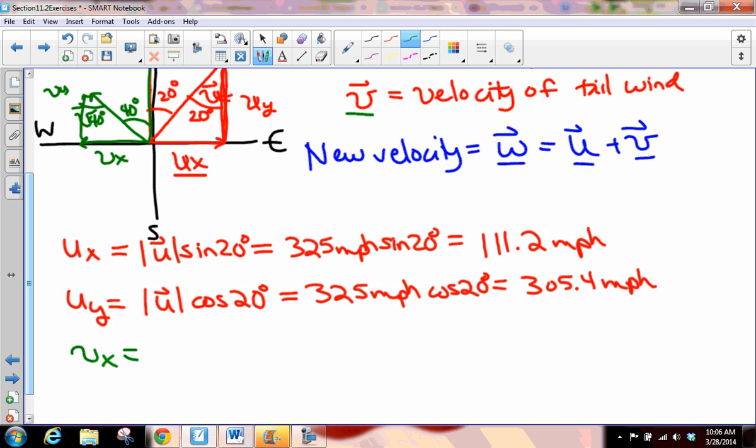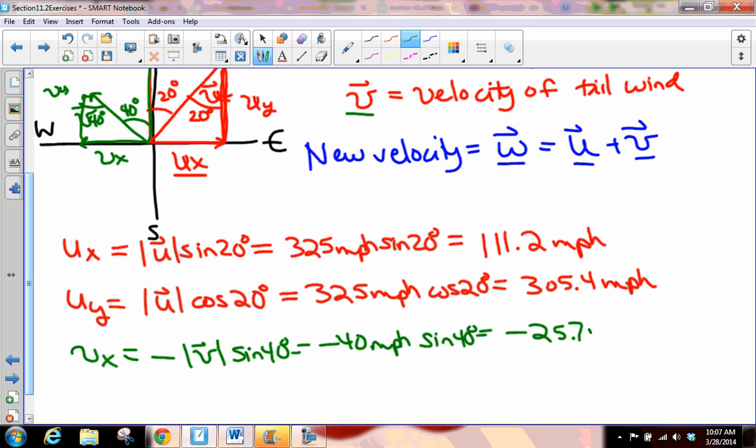So my vx component is going to be negative, and it's going to be the magnitude of v times the sine of 40 degrees. So that's going to be negative 40 miles per hour times the sine of 40, which is going to give me negative 25.7 miles per hour.